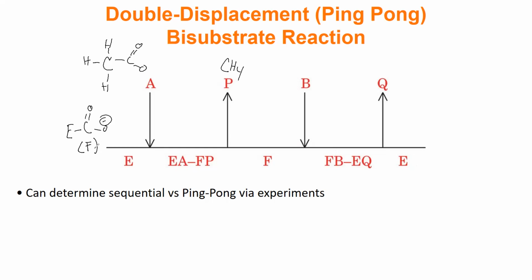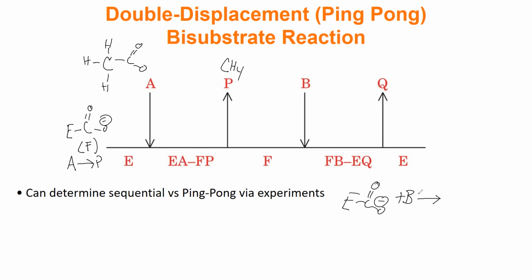So going to my example here, if this process happened from molecule A to molecule P, then what would happen if we had our enzyme plus functional group and we add in B?